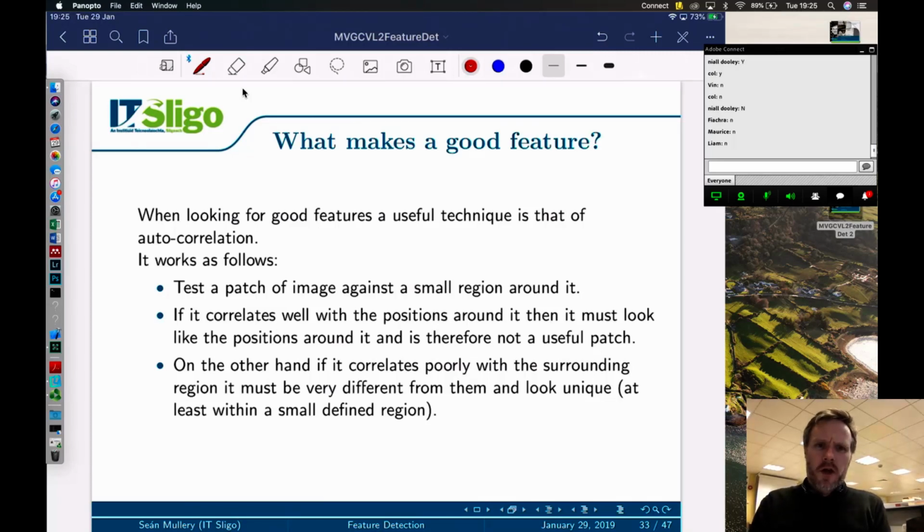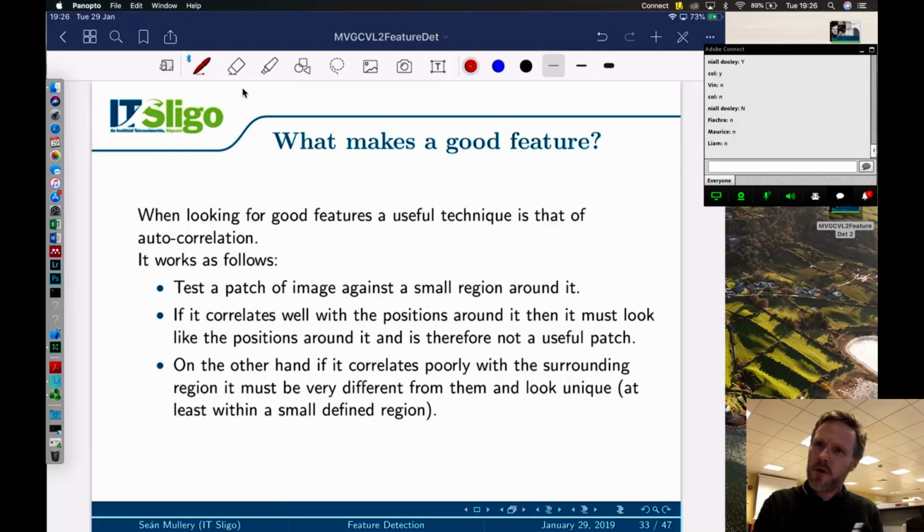So what's the autocorrelation? Autocorrelation is the idea where you're actually checking whether an image patch looks the same as some other image patch in the same image. So rather than cross-correlating it with some other image, you're checking it against its own image. This is the idea of the auto.